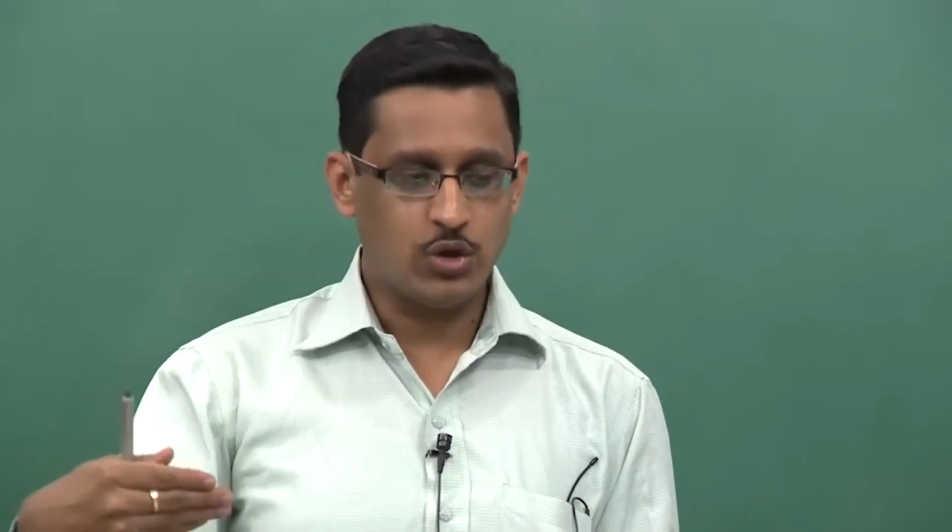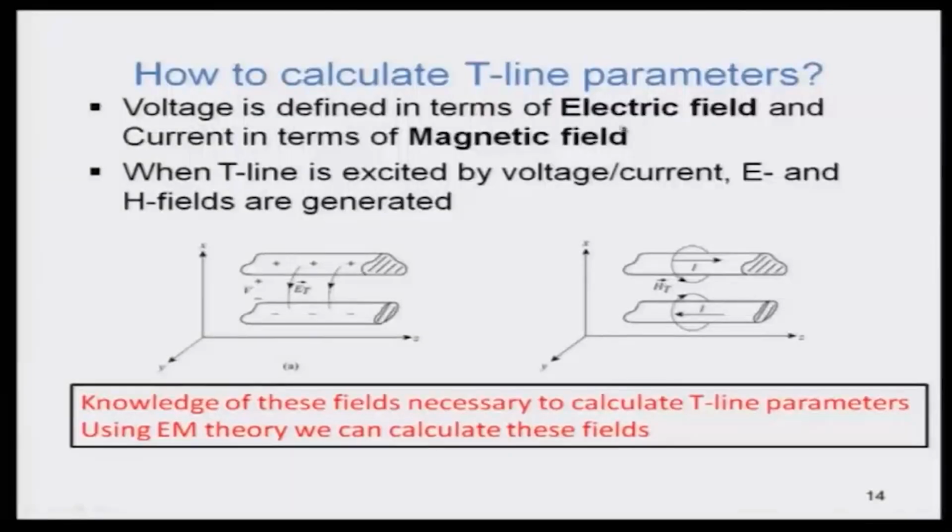So voltage and current are more accurately defined in terms of electric and magnetic fields. Voltage is defined in terms of the electric field and current in terms of the magnetic field. When we excite a transmission line by a voltage and current, electric and magnetic fields are generated.